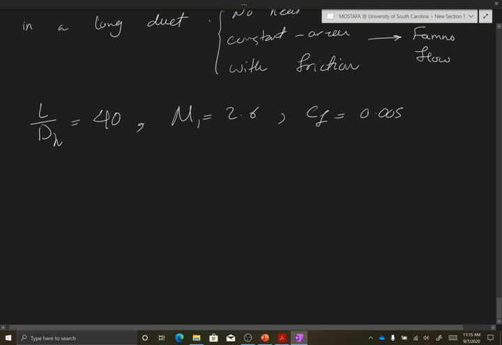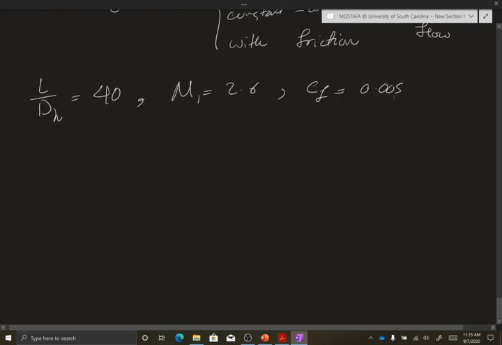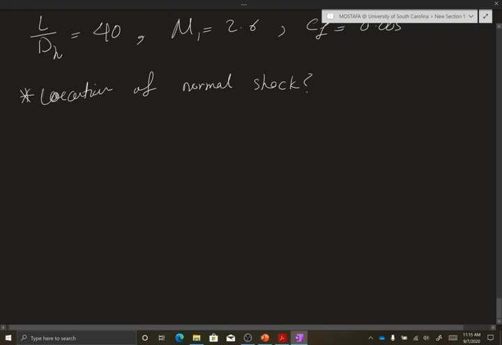We first are asked to demonstrate that a normal shock will appear in the duct and then calculate the location of the normal shock. And then draw the TS diagram for this type of flow.